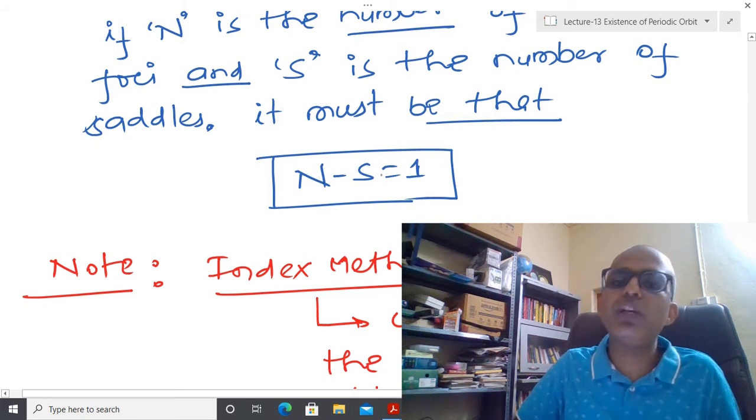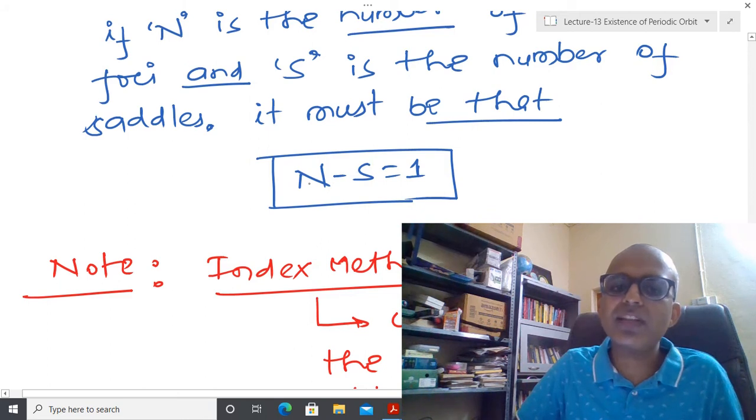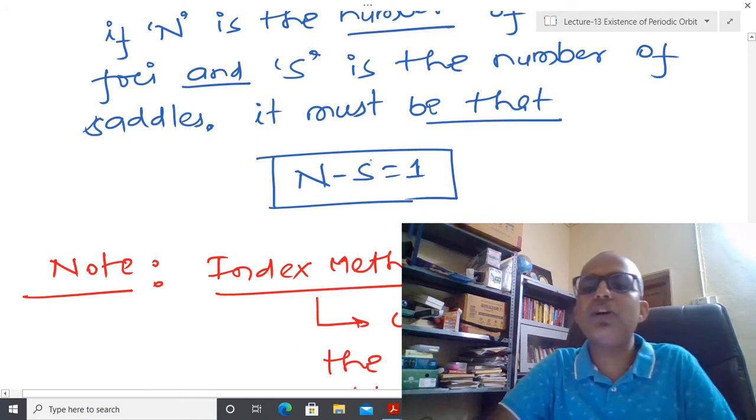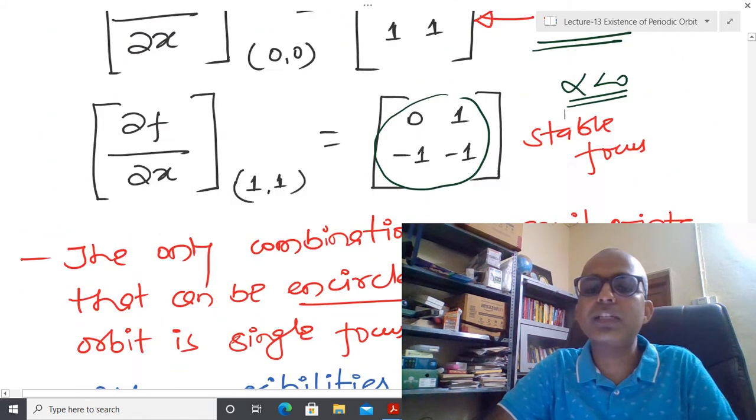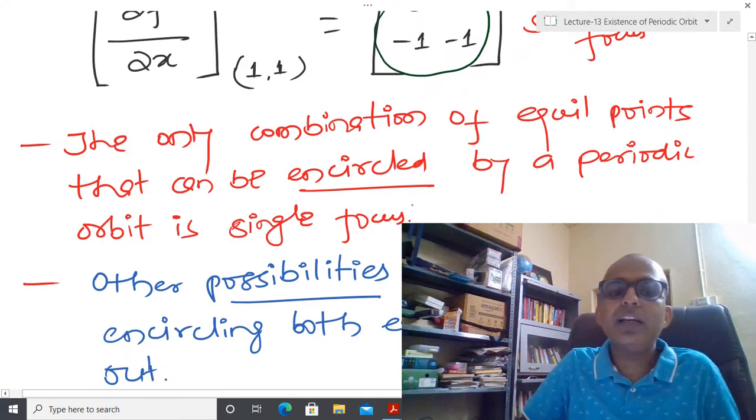So you can see that 1 equals 1. If there is no saddle point and I just have some kind of focus that might be stable or unstable, then the possibility of a periodic orbit comes into the picture. The other possibility, a periodic orbit encircling both equilibrium points, is ruled out.